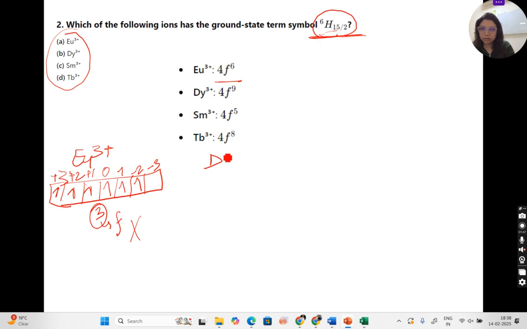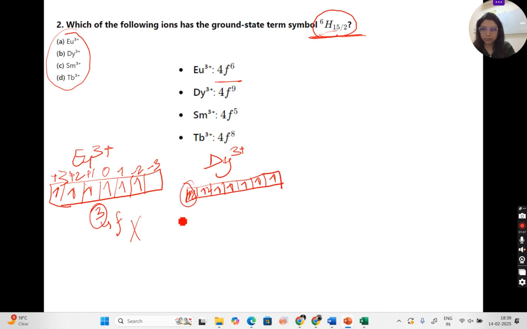Moving with Dy3+, it has a 4f9 system, so we fill 1, 2, 3, 4, 5, 6, 7, and then 9, so there are 2 electrons in this state.